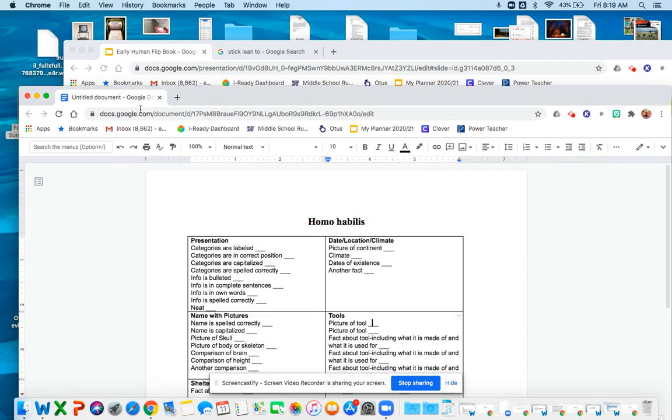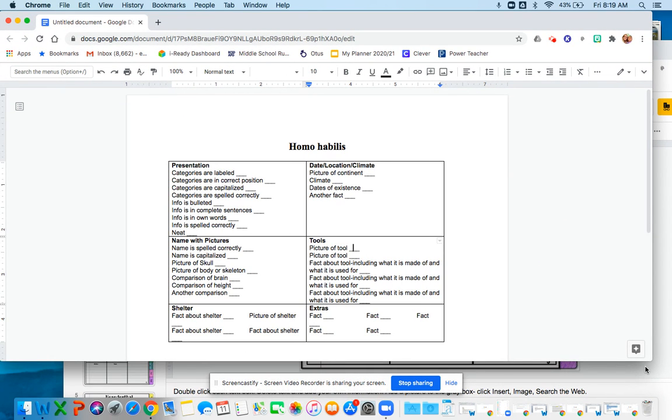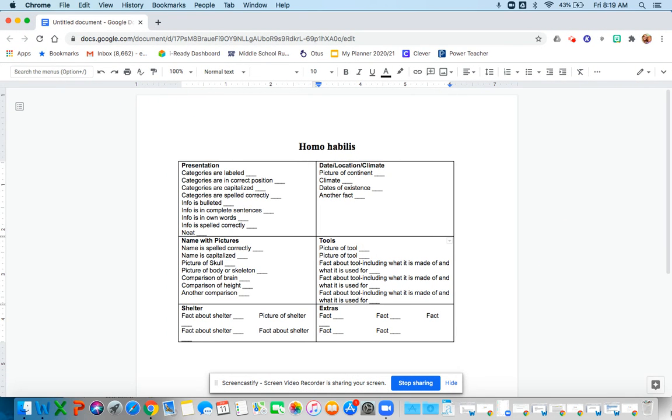This is extremely important. This is how you are going to know exactly what to put in each section. This is telling you exactly how you're going to get full credit for each section. The categories must be capitalized. The categories must be spelled correctly. They have to be bulleted.